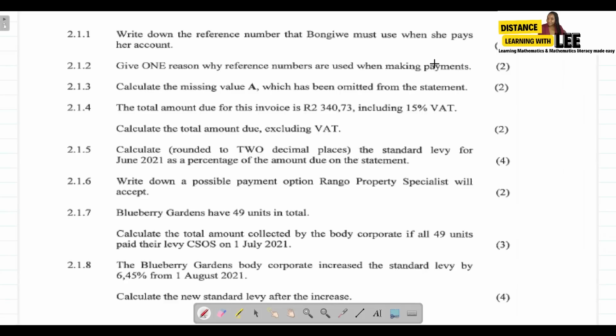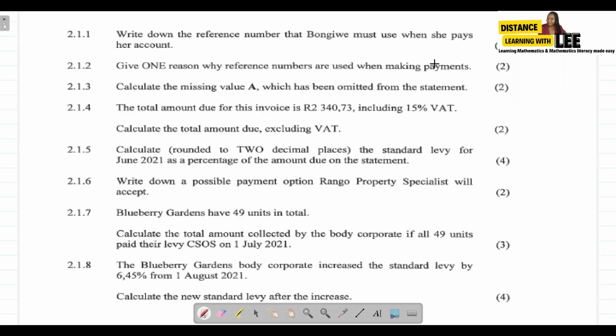So that is why reference numbers are used when making payments, so that the person or whoever you are paying knows who is making the payment. Because if there was no reference number, that person wouldn't know who made the payment. Okay. So you'll find in most cases where you don't have to use a reference number, most times they'll ask you to show proof of payment.